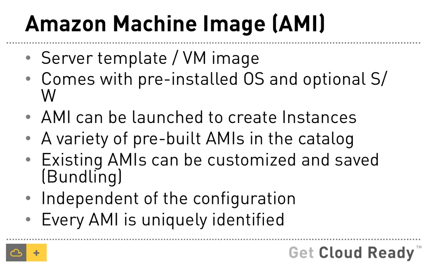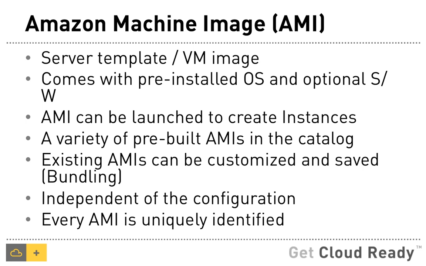For example, you might want to launch a plain vanilla Linux or a Microsoft Windows virtual machine, or you could also go higher up in the stack and launch a pre-configured WordPress or a Joomla or Drupal, or even very high-end enterprise software like SAP or IBM WebSphere, Oracle, and so on. Once you identify an AMI, it can be used to launch multiple instances.